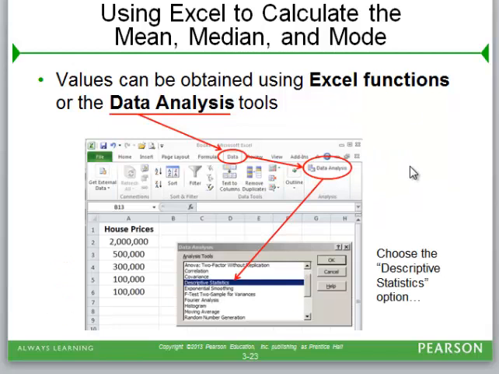You can also use the data analysis tool. Again in Excel, click Data on the top, then select Data Analysis, then select the Descriptive Statistics option, then click OK.